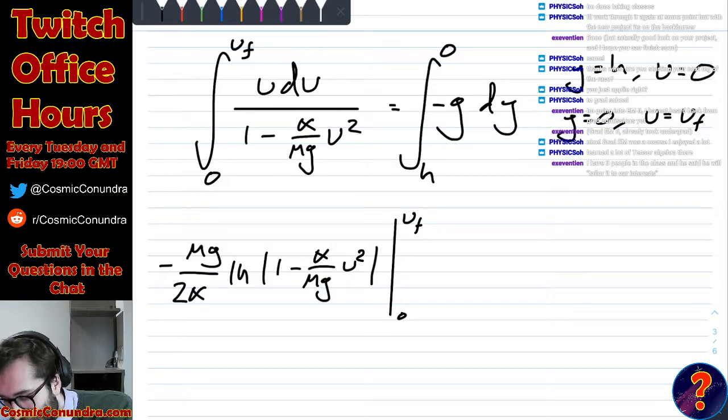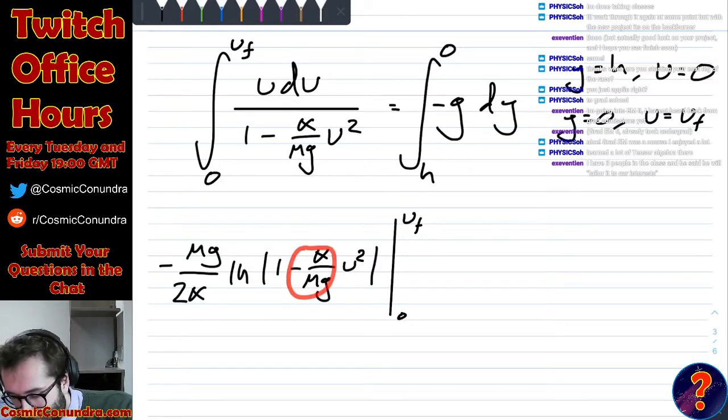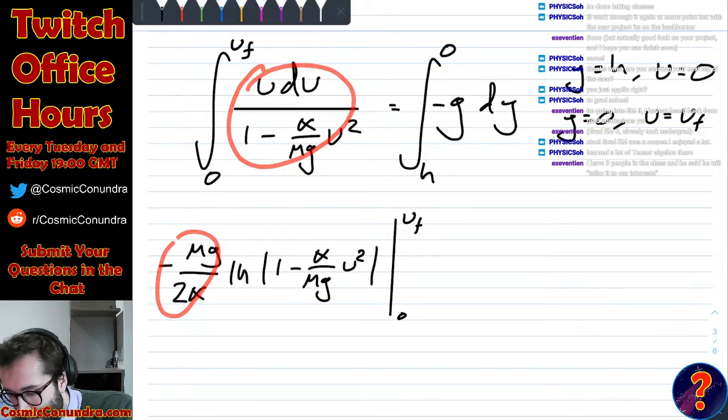So if I differentiate this whole expression here, for logarithms you take the derivative of the inside of the bracket as the numerator of a fraction, and that's all over what's inside here becomes the denominator. And the derivative of this gives us minus 2 alpha over mg. The 2 comes from here, and that should cancel this to give us what we have here.